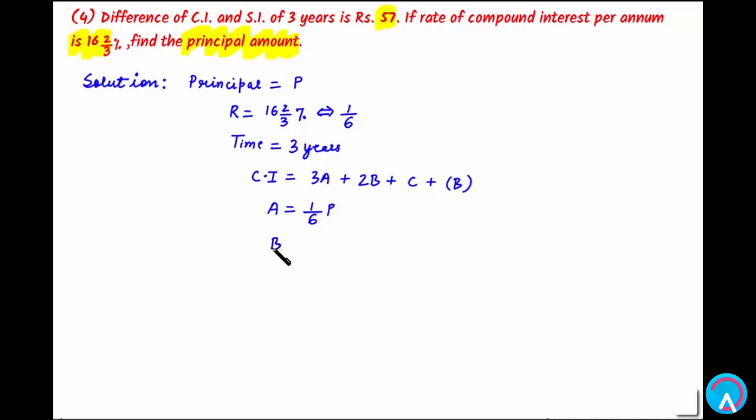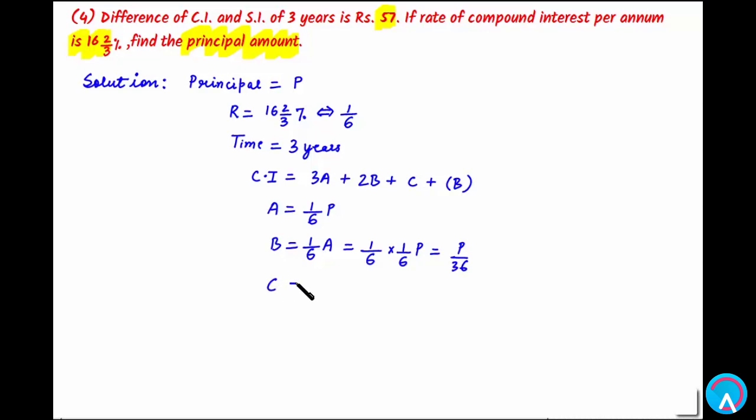B will be equal to 1 by 6 of a, so that is 1 by 6 of 1 by 6 p, which is equal to p by 36.